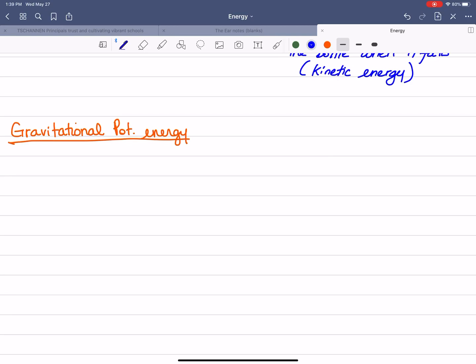So gravitational potential energy, again, is when an object has potential energy just because it's been lifted a vertical distance, just because it is off of the ground. There had to be some work done in order to get that bottle, that object, to have potential energy. Okay, so let's say this is work done to lift an object a vertical distance.